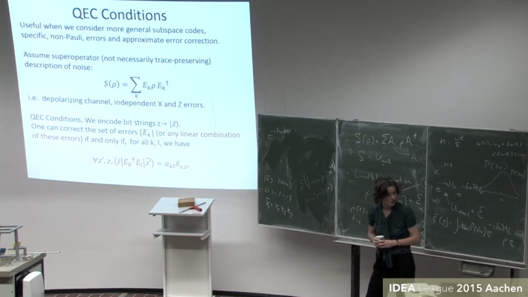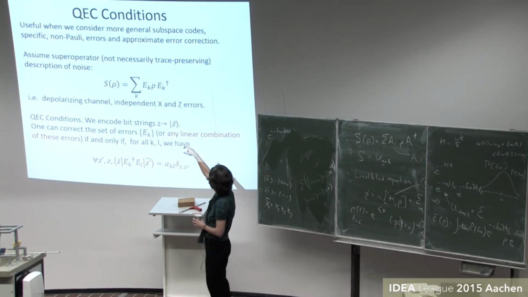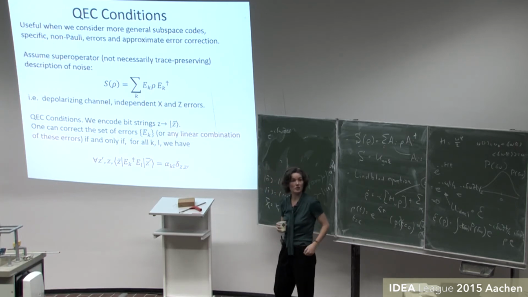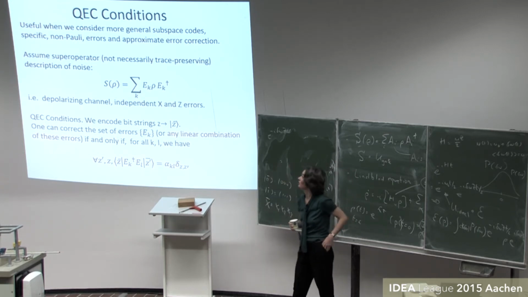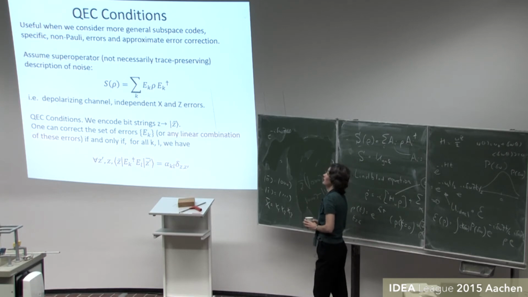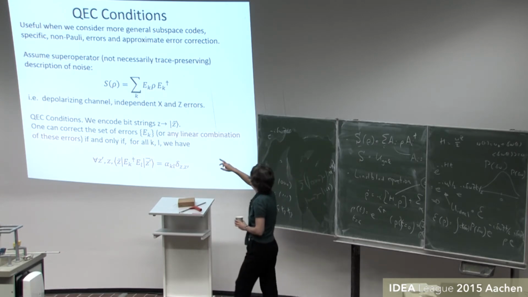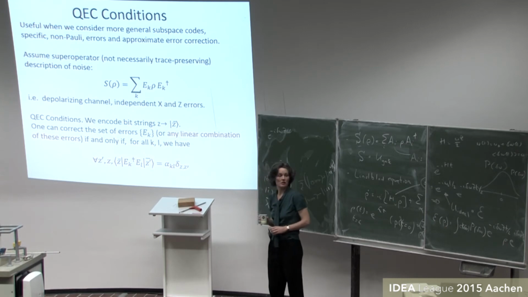Okay, so we assume the existence of a super operator description of our noise. Here I've called these, the Kraus operators, E_k instead of A_i. And this is not necessarily trace preserving, so that's handy. And how do I get this? Well, I may have to do some earlier analysis to get to this description. I want to know whether a certain code, which is a subspace, works, where the super operator acts on n qubits.